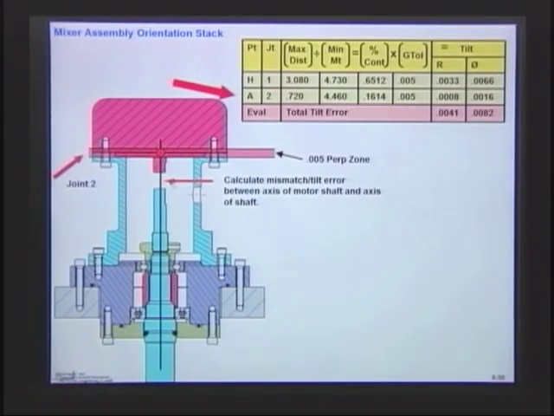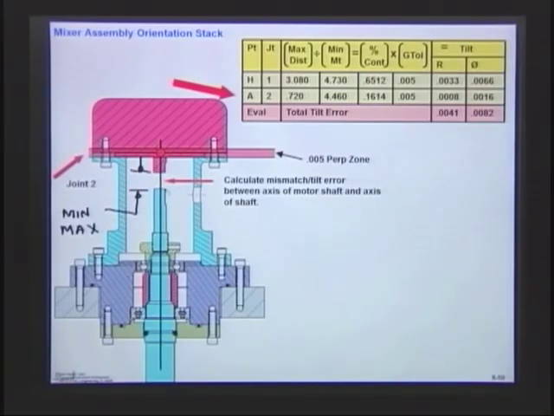I haven't done too much in the way of linear stacks, but I would like to find here between this one and this one, between that shaft and this shaft, what I'm looking for is the min and the max. I'm looking for the minimum and the maximum distance there. And I'll let you go through that yourself.